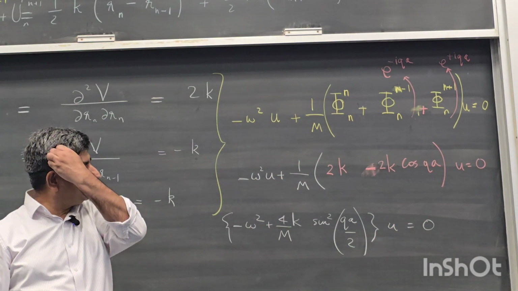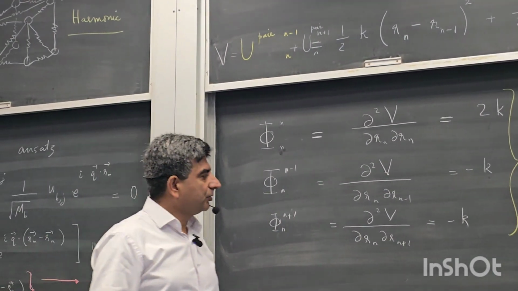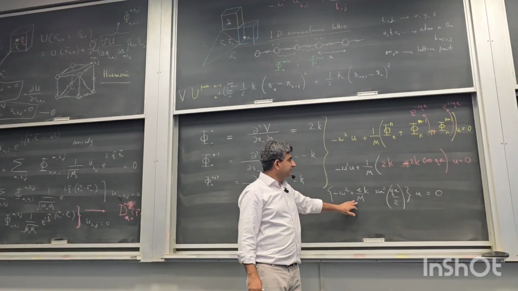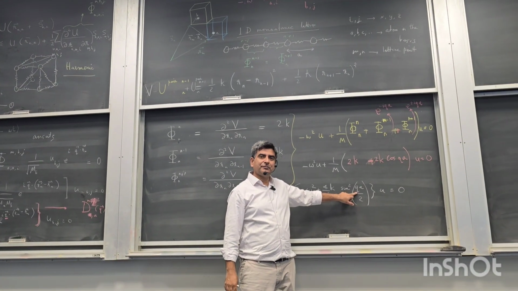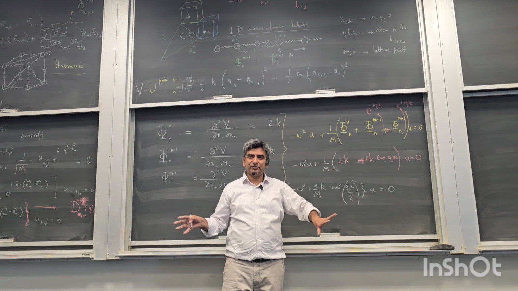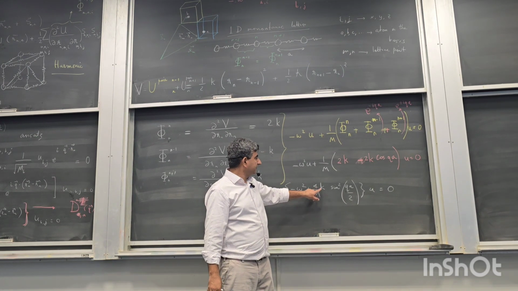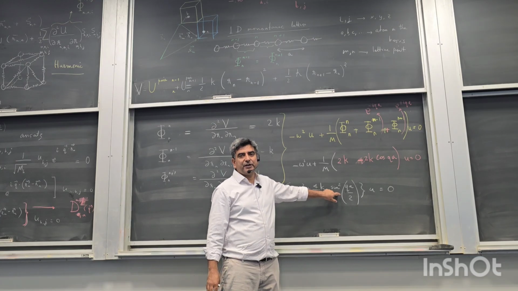Now u cannot be 0 because otherwise there will be no oscillations. So this means that my omega is related to q, which is the wave vector of the oscillating wave. Now we'll see what is that oscillating wave. Okay, so this omega square therefore is 4k over m sine square Qa over 2.